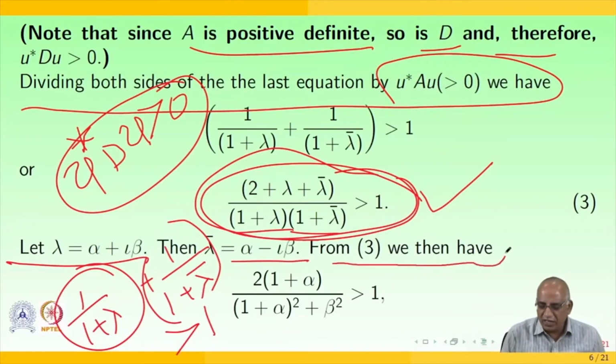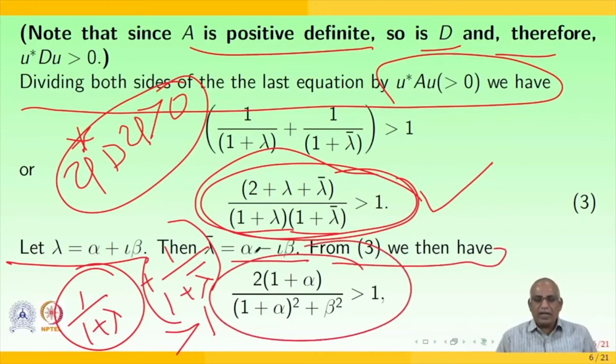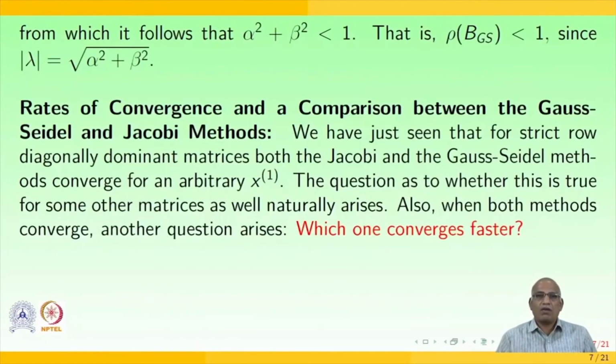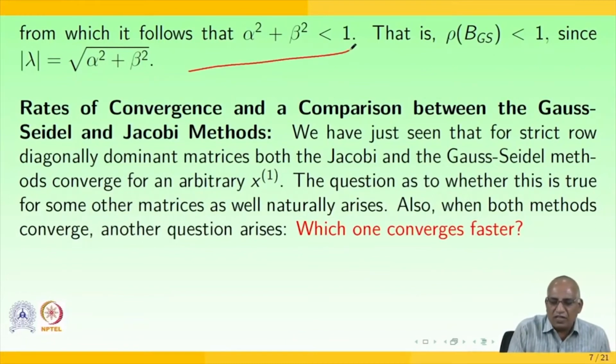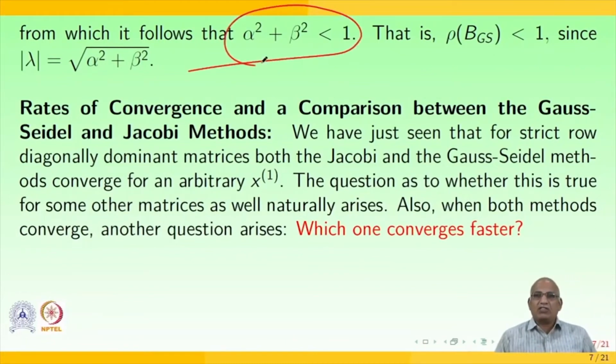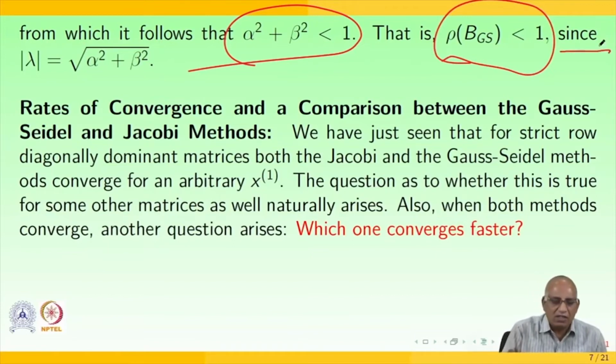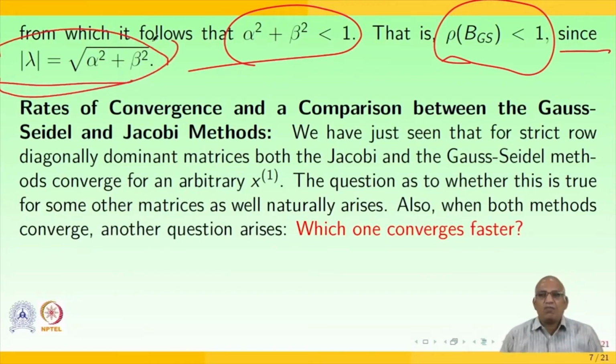From equation 3, we then have 2 times 1 plus alpha divided by 1 plus alpha whole square plus beta square is greater than 1, from which it follows that alpha square plus beta square is less than 1, that is rho of BGS is less than 1, since mod of lambda is square root of alpha square plus beta square.